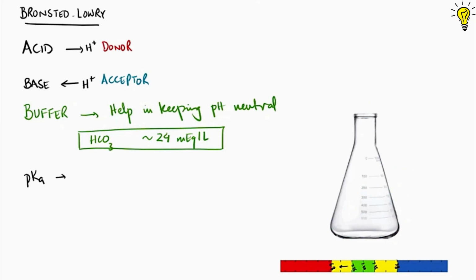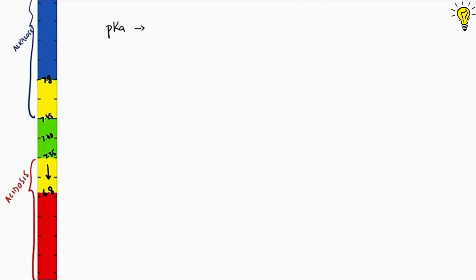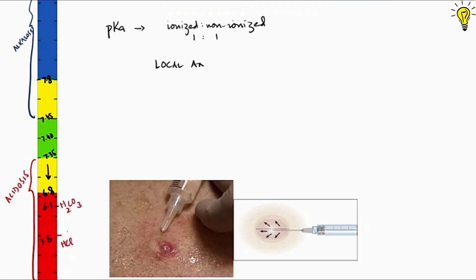So what determines whether carbonic acid buffer exists more as ionized form or as unionized compound? It's the pH of the solution which directs it. The pKa is that pH where ionized and unionized forms of weak acid or weak base exist at 1:1. To understand the pKa, let's take local anesthetics for example.